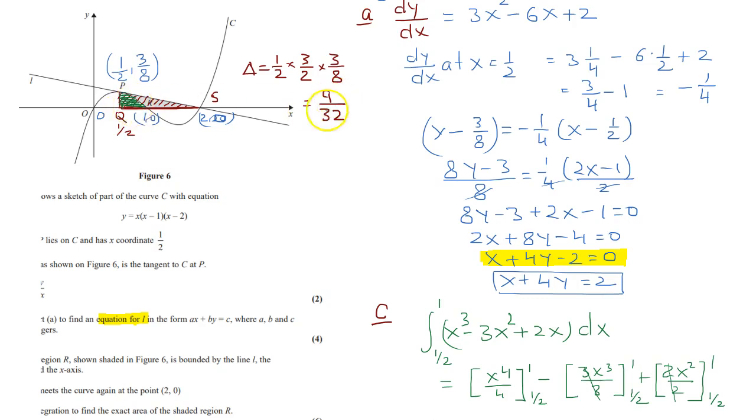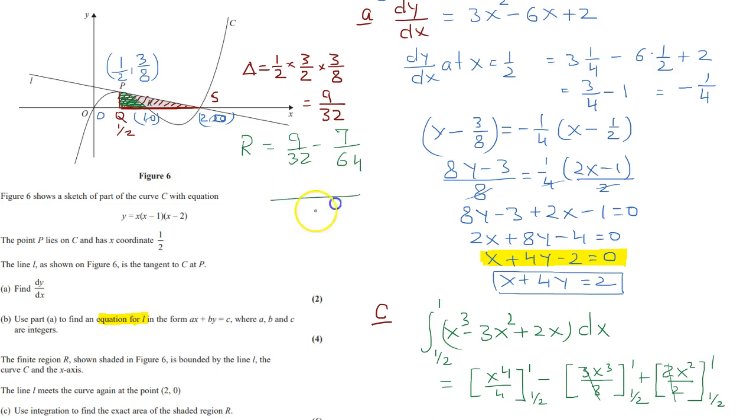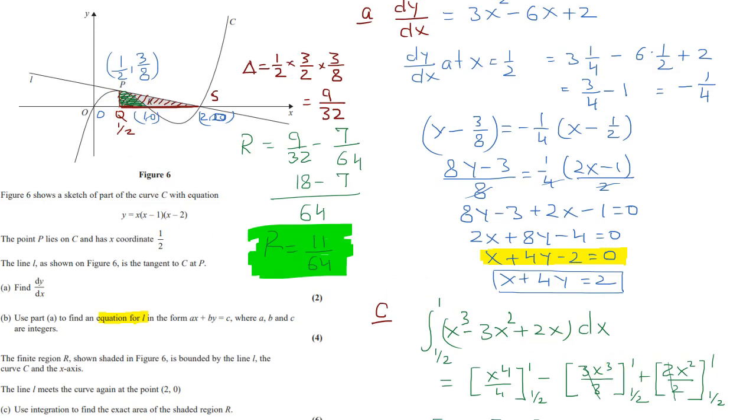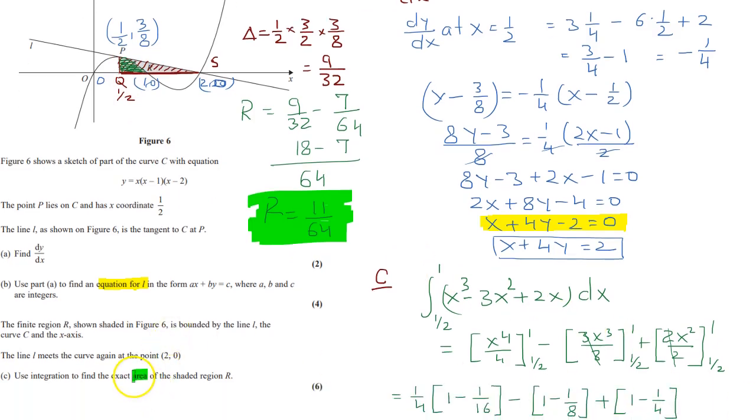So this area is 7 over 64. So R will be 9 over 32 minus 7 over 64. So that is 64, 18 minus 7. So 11 over 64. That is the area of this region. Find the area of shaded region. So this is the area.